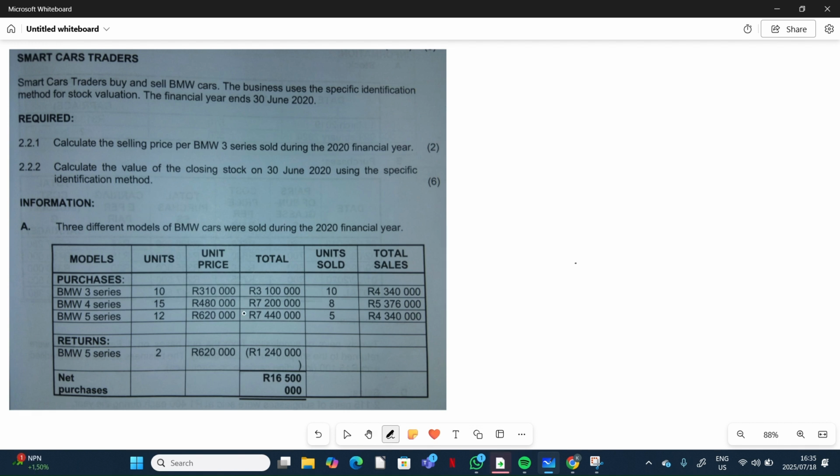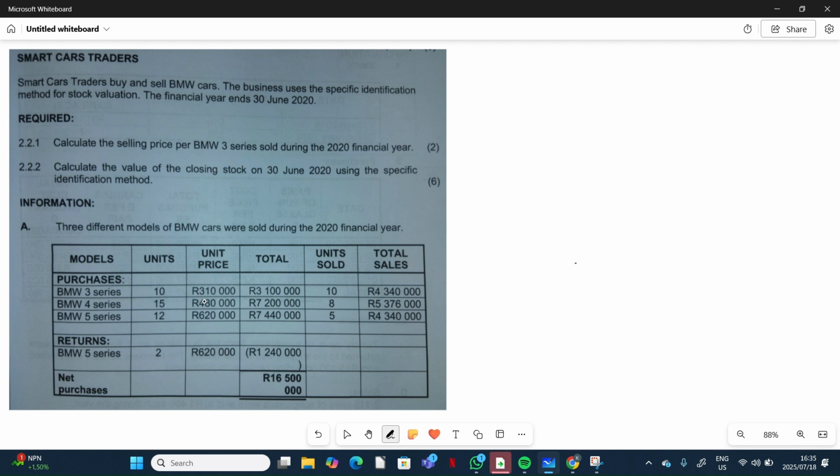Now, see something. Given the information right here, if we're going to get the selling price for a BMW M3, we go to BMW 3 Series. No, not M3. See now, I'm thinking of M3s. It's just the BMW 3 Series, right? So go to the 3 Series right there. So on your 3 Series, you need to calculate the selling price, right?